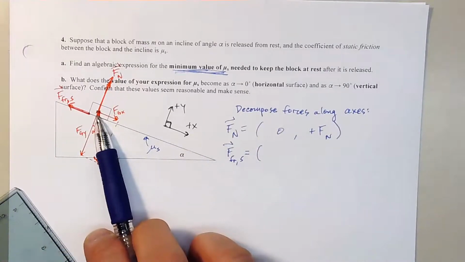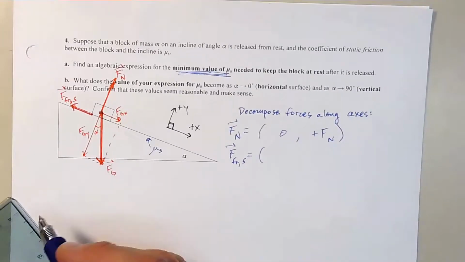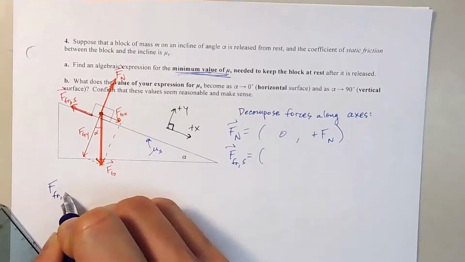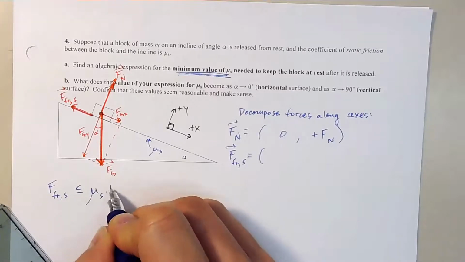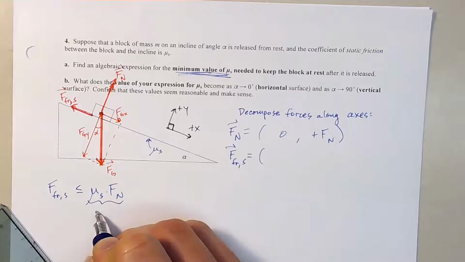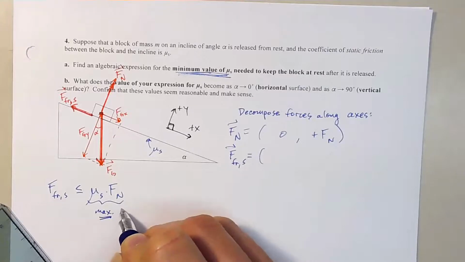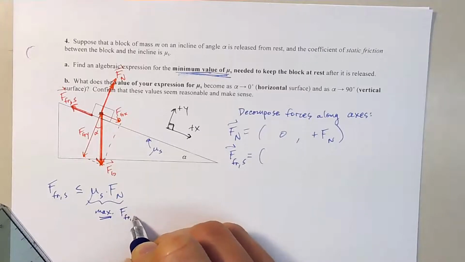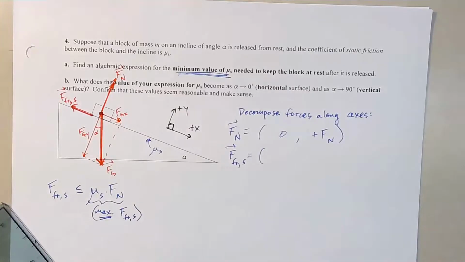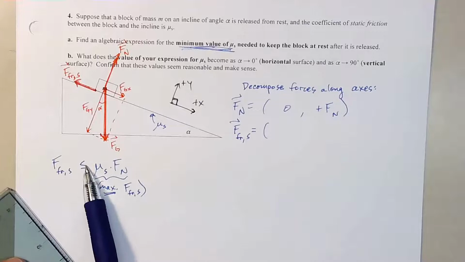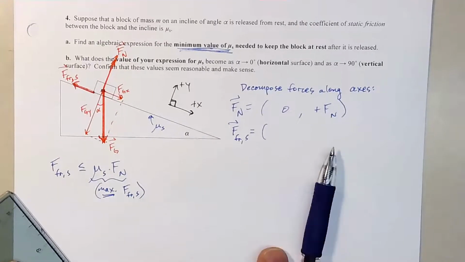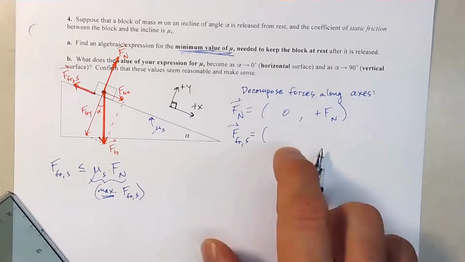Well, that means that the static friction, whose magnitude is always a value from 0 up to some maximum, this is the max static friction, must be operating at its maximum value, the case when this is the equality. In other words, let's consider the limiting case, as we like to call this.